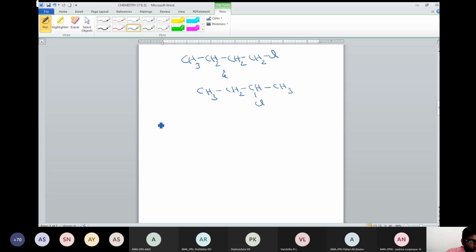Similarly, what is the third one? Optical. Optical isomerism is shown by chiral compounds. Chiral means if carbon has 4 different substituents, that is called a chiral carbon. For example, see this.